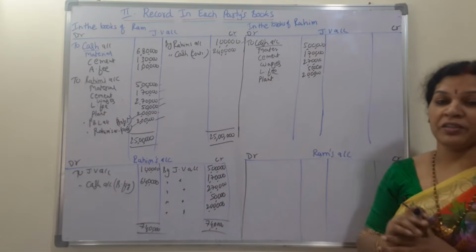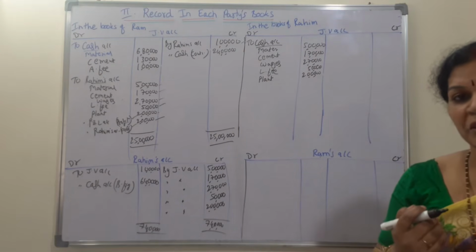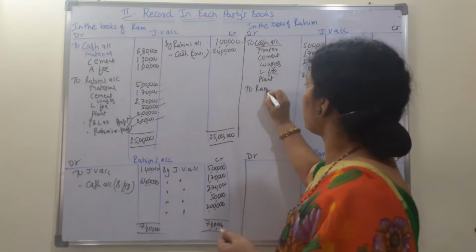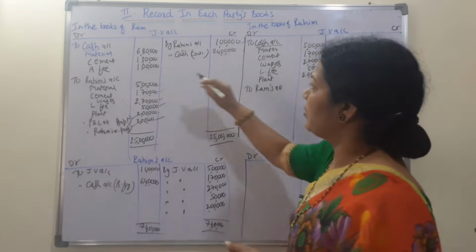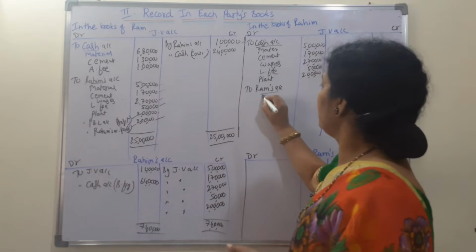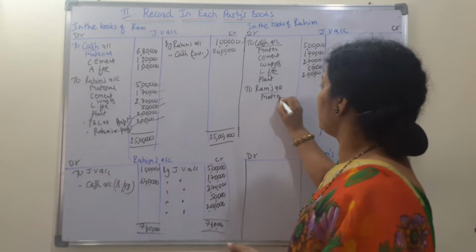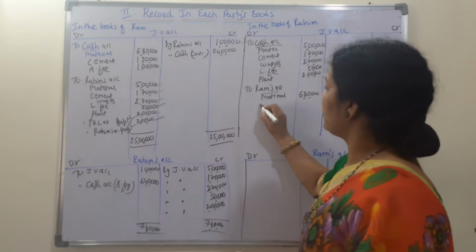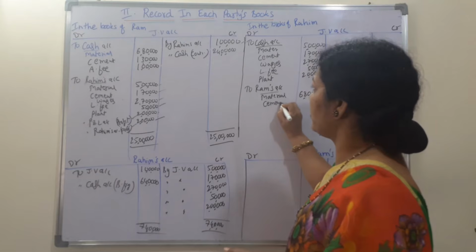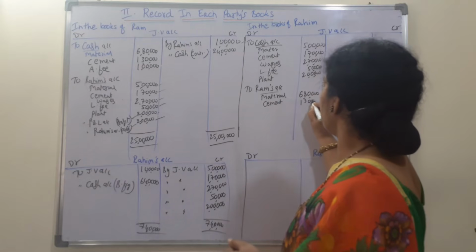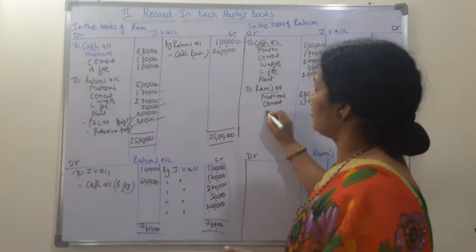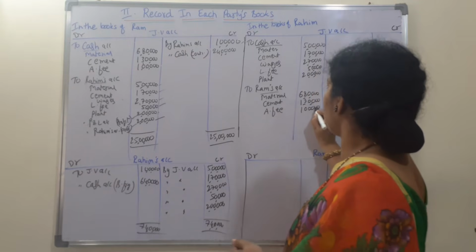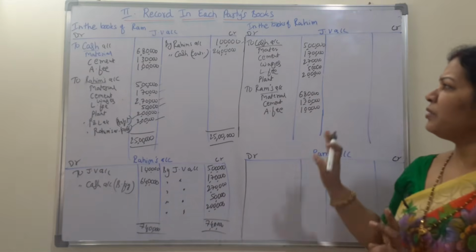Raheem's expenses are these. Now when it comes to Ram's expenses, you will say to Ram's account. Ram's expenses are material 6 lakh 80 and cement 1 lakh 30, architect fee 1 lakh. Everything we have written.